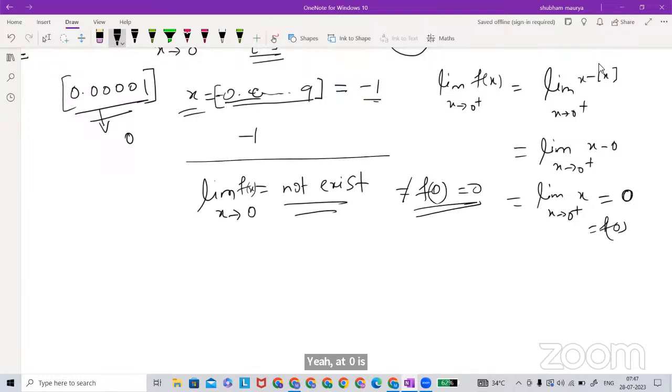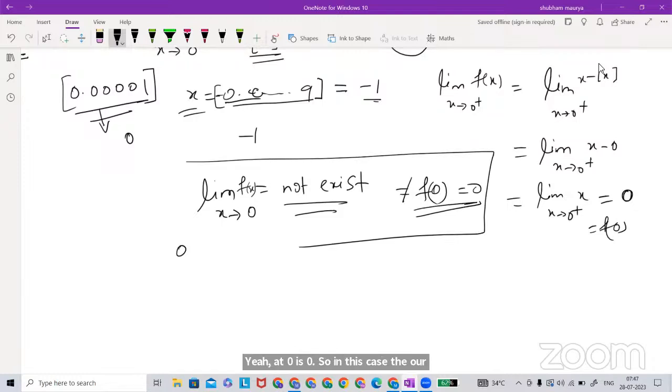So in this case, our function is not continuous at 0.